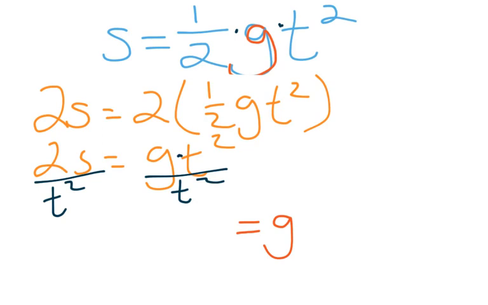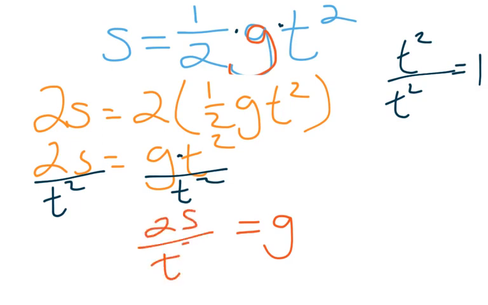And t squared, I'm going to home in right here, where you have t squared over t squared. Well, anything divided by itself is 1. So this would be g times 1, or just g, and over here I have 2s over t squared.